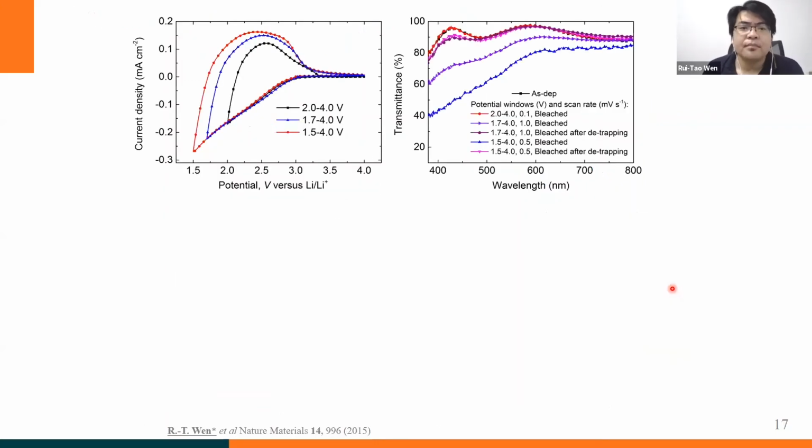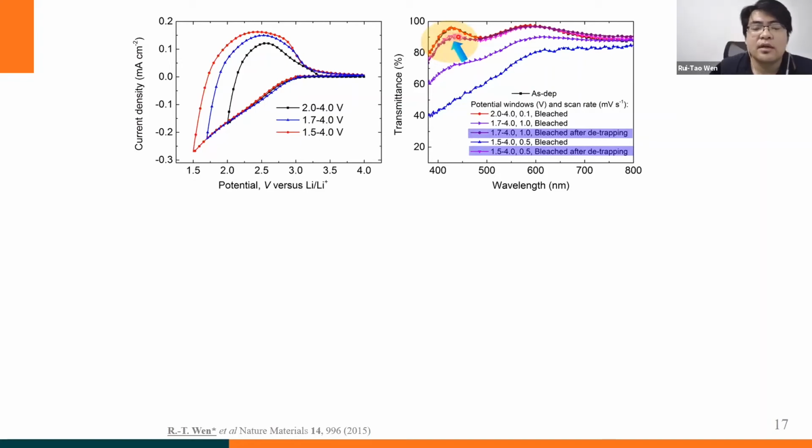Okay. And here I want to show that once we lower the potential limit from 2.0 to about 1.7 or 1.5 volts, every time after cycling and after the detrapping process, we notice a small portion of the optical transmittance cannot refresh or regain its initial value.